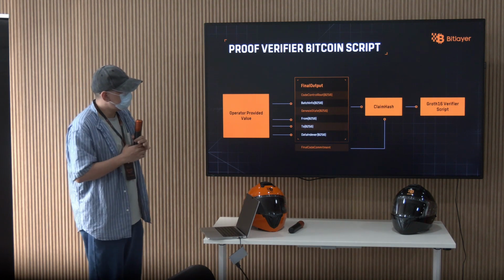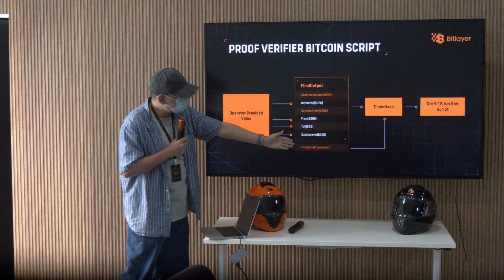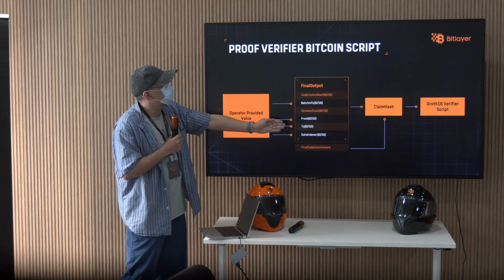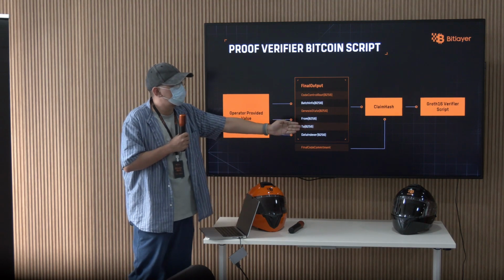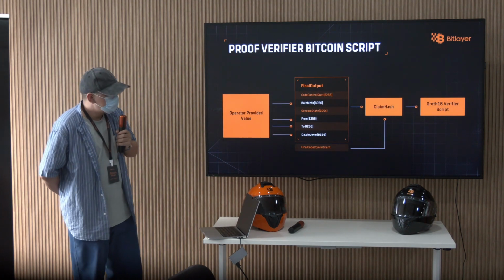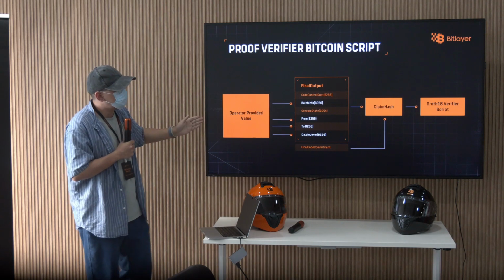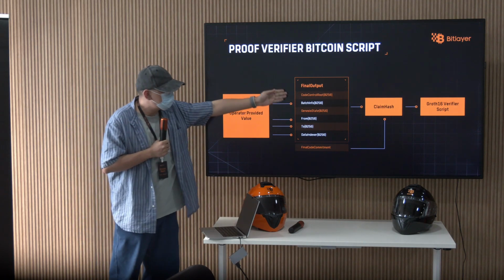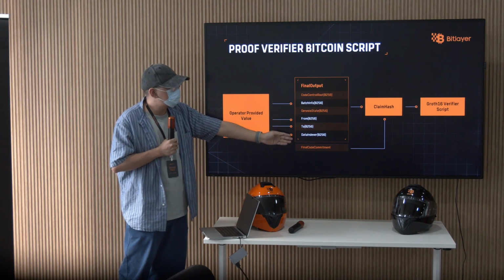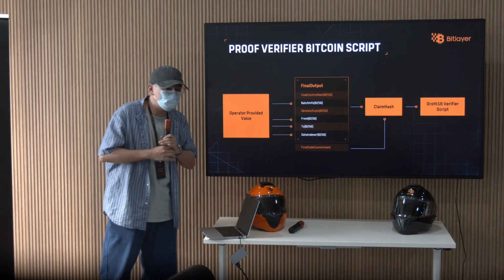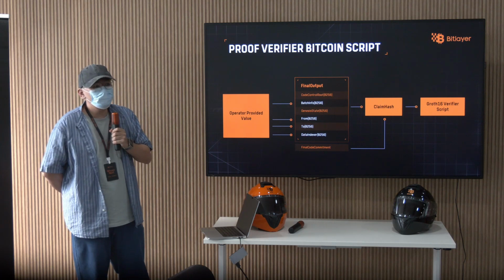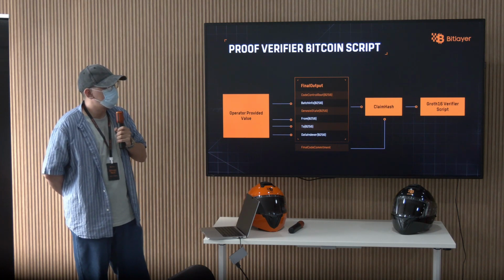And then all this information will be compressed into a claim hash in the Bitcoin script and taken into our Groth16 verifier script. Since this transaction is used to construct the final output, all these values are hard-coded.